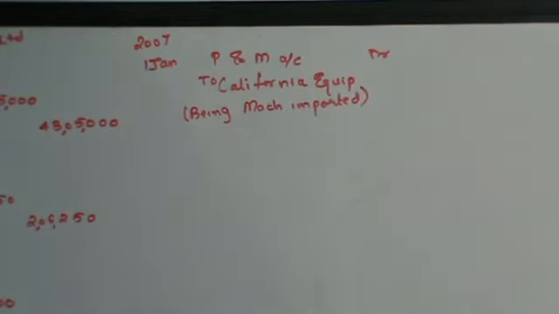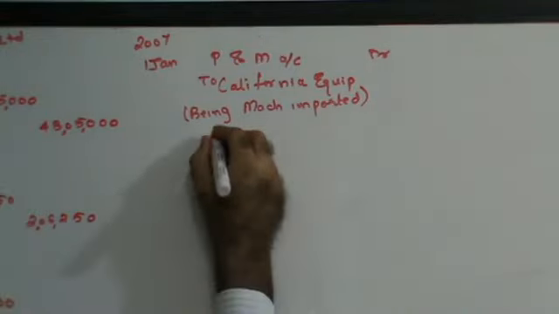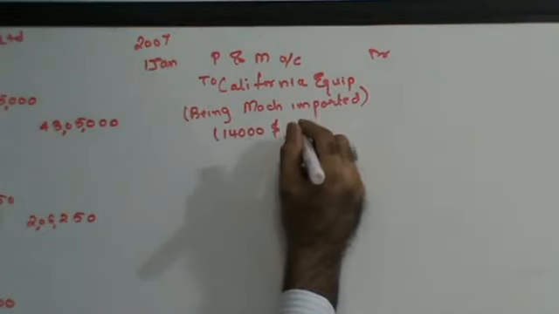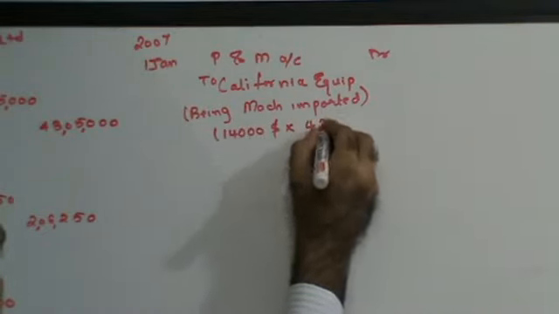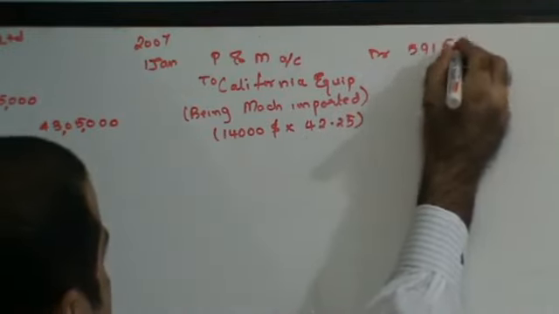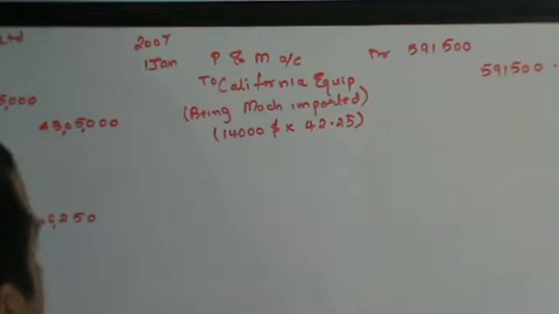You have imported machinery of $14,000, and the rate on 1st Jan is 42.25, so 5,91,500, being machinery imported.